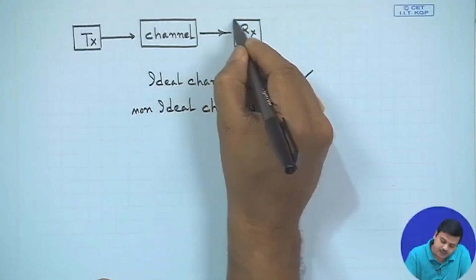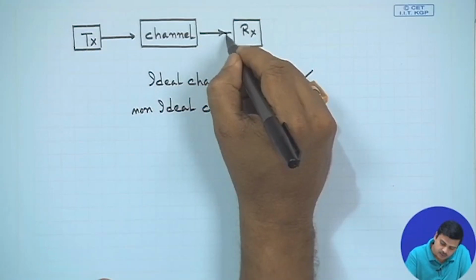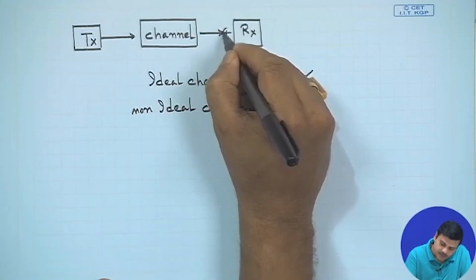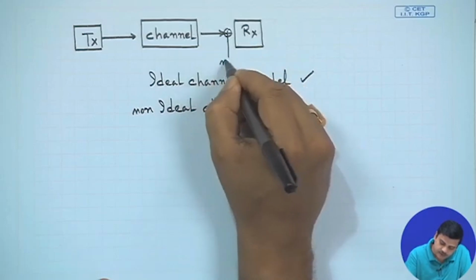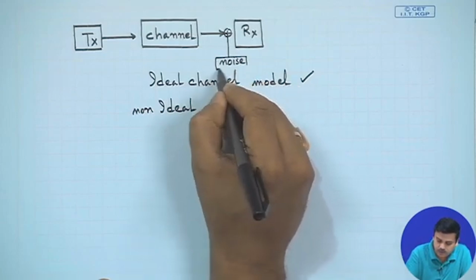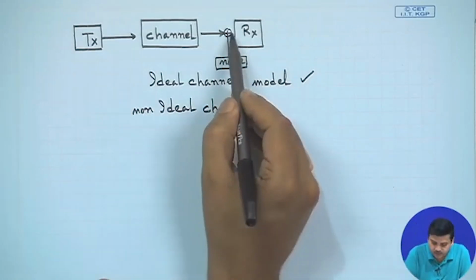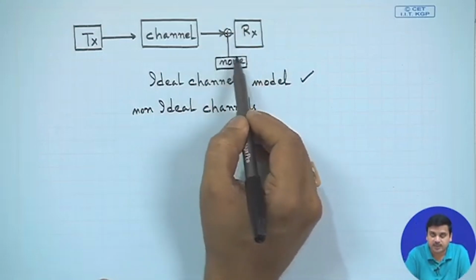However, typically what we say is that at the receiver we generally model something like addition of noise, which is due to all components at the receiver. So generally we say noise addition happens at the receiver.